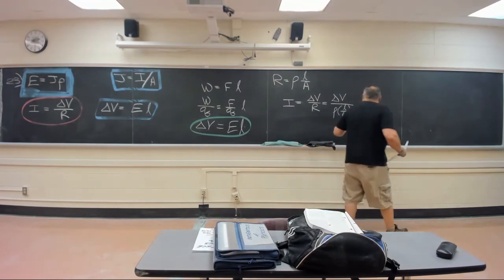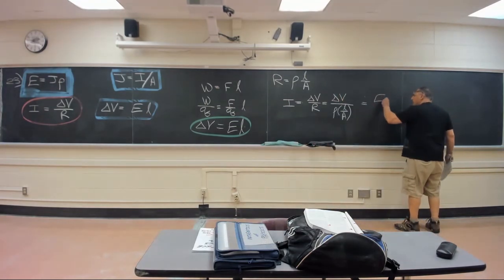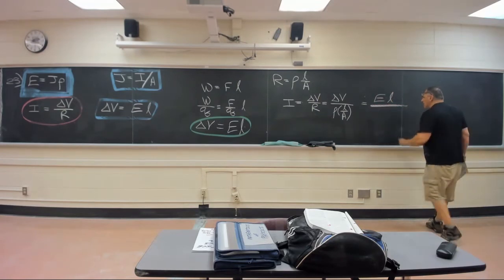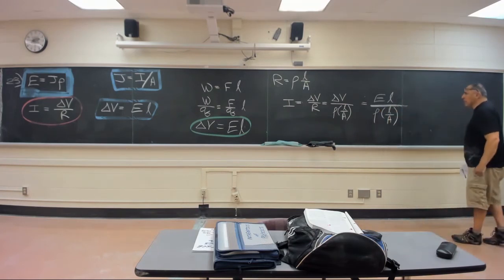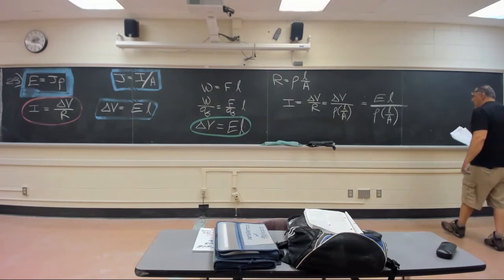All right. Well, let's take a look. Delta V is EL. This guy is rho L over A. Yeah, I'm trying to see here exactly what's going on. Yeah, it looks good to me.